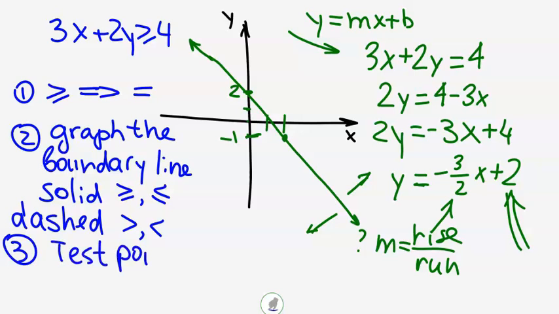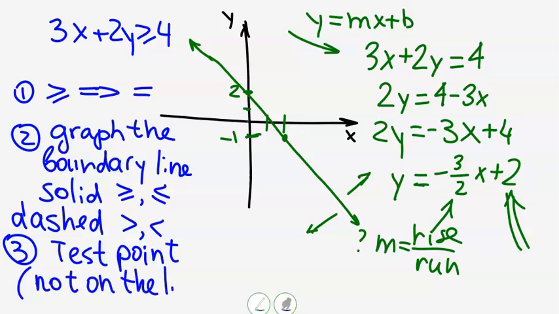The most convenient test point would be 0, 0, but there is a condition. The test point should not be on the line. So we need to pick a convenient point which is not on the line, and substitute the coordinates of that point into our original inequality and just check if it is a true statement or not.